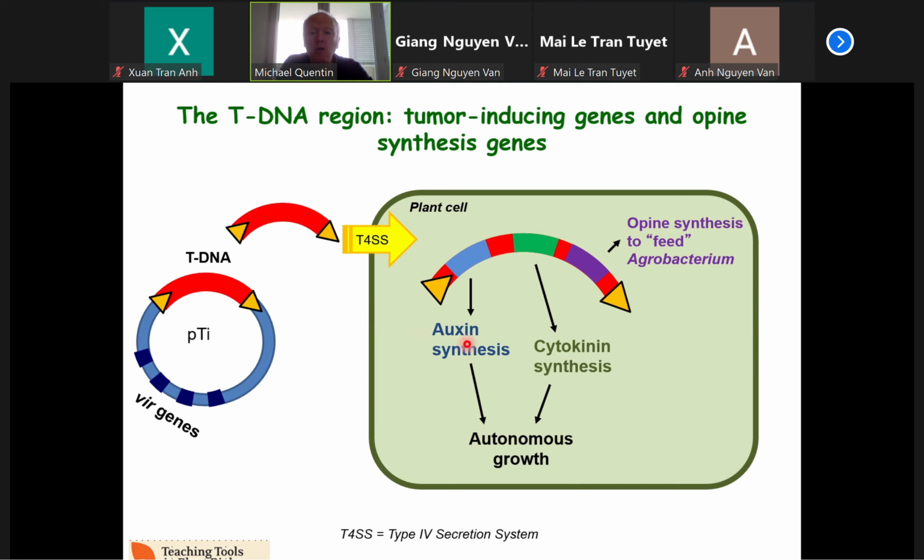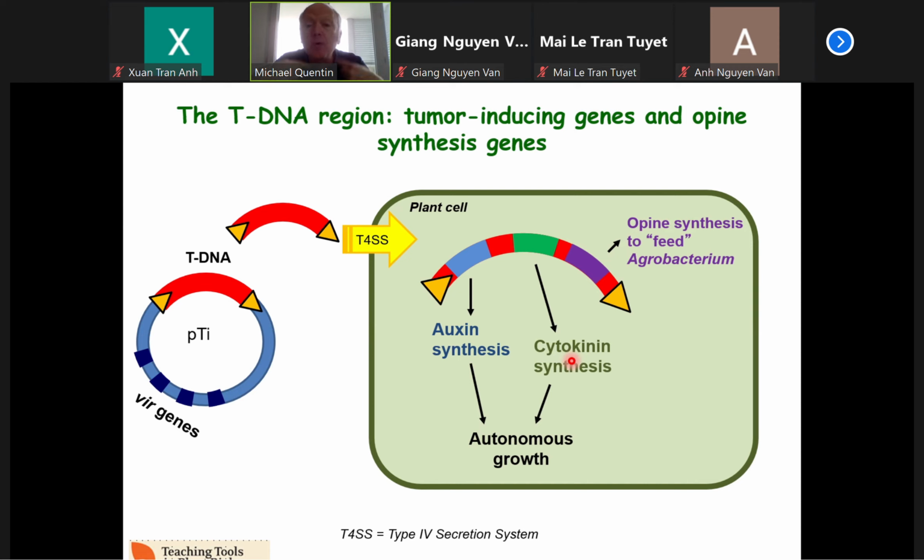And you remember, auxin and cytokinin are hormones that are responsible for plant cell division, proliferation. You remember when you cultivate in vitro, on a medium, plant cells on a medium containing equal amounts of auxin and cytokinin, it induces cell proliferation.